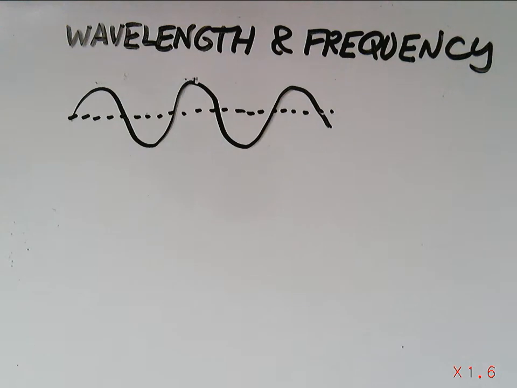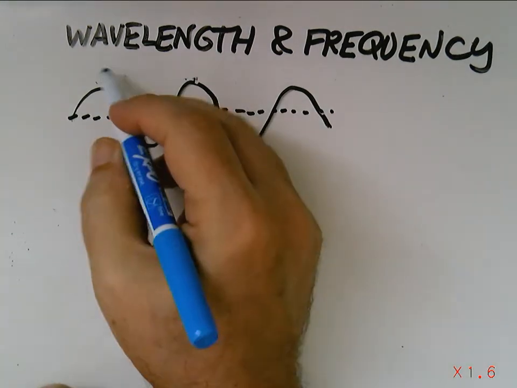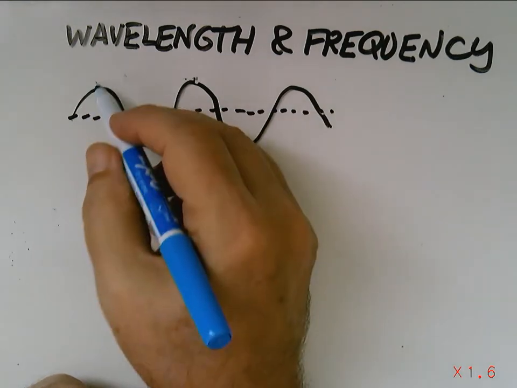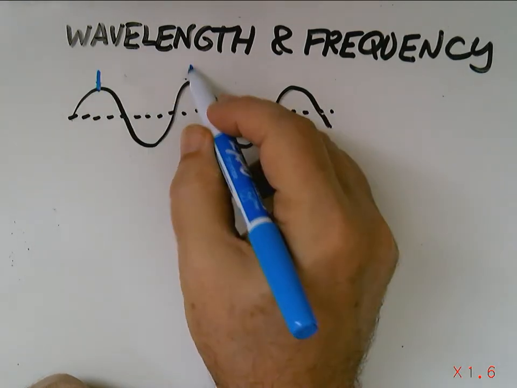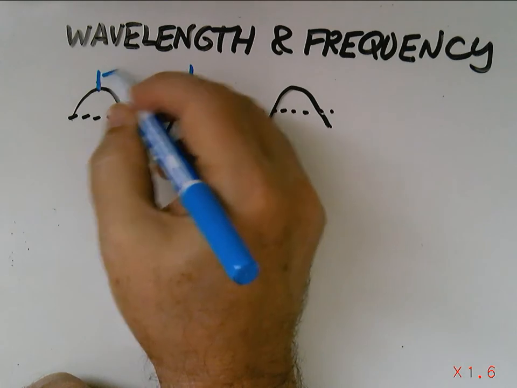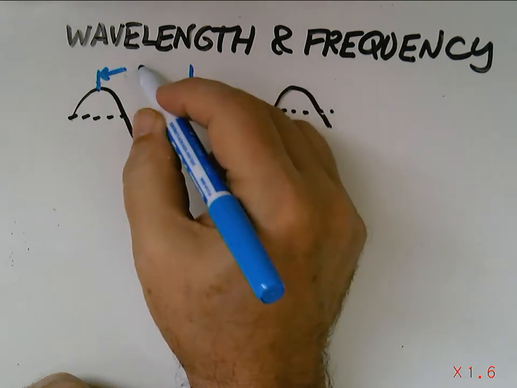Now, two other properties that are important to know about waves are wavelength and frequency. Wavelength can be defined a couple different ways, but I think the easiest way to think of it is as the peak-to-peak distance.